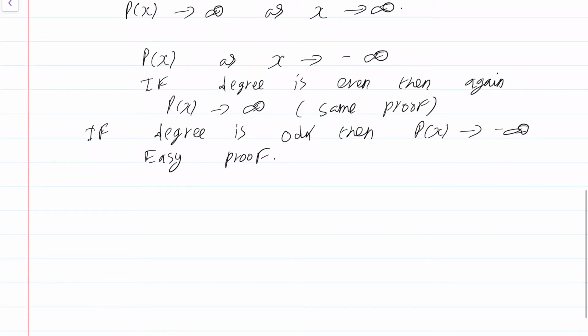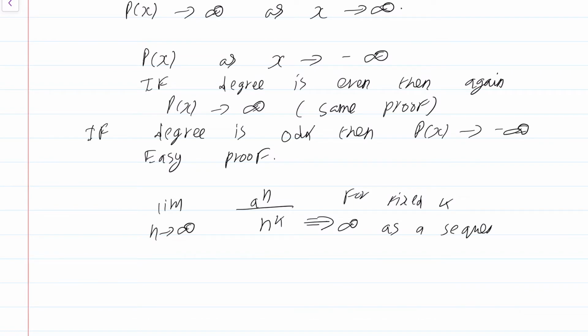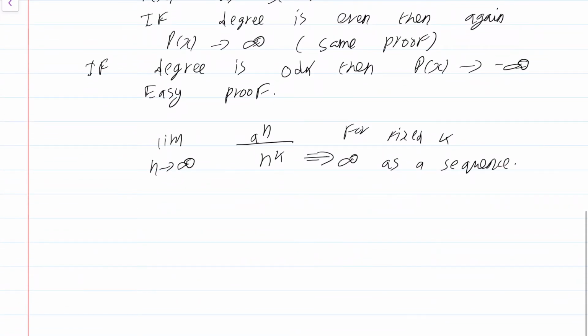Now one more comment I would like to make. We have already seen that the limit as n goes to infinity of a^n/n^k for fixed k goes to infinity as a sequence. Now by using the same idea and by using the definitions of limit going to infinity, you can solve this easy exercise.